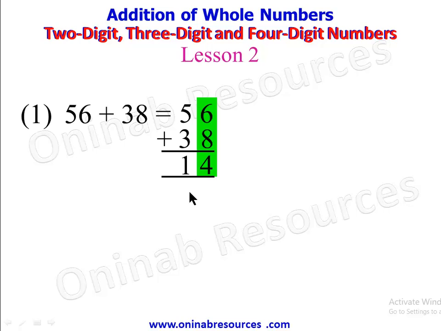So we move this 1 up to be added to 5 and 3. So we add 1, 5 and 3. 1 plus 5 gives 6 and 6 plus 3 gives 9. So we have 56 plus 38 equal to 94. And that is the end of the solution to problem 1.